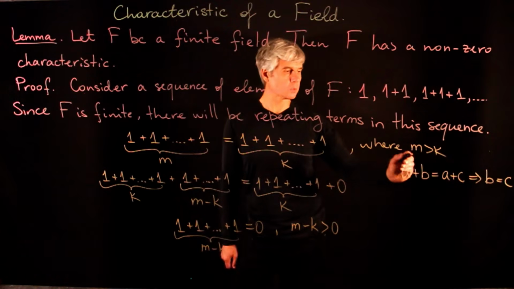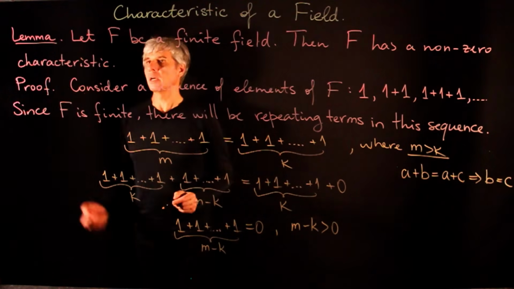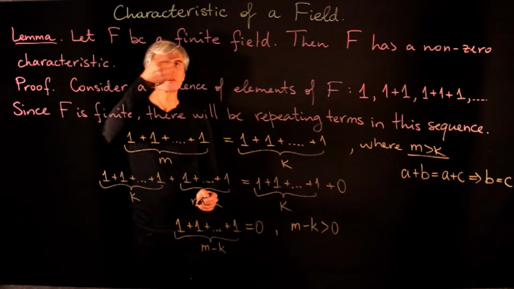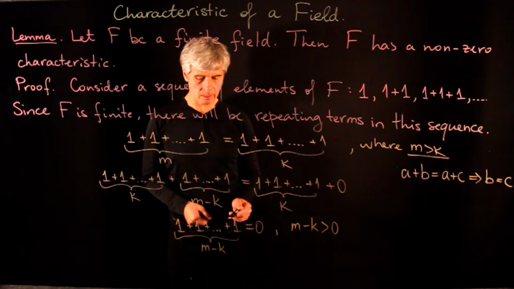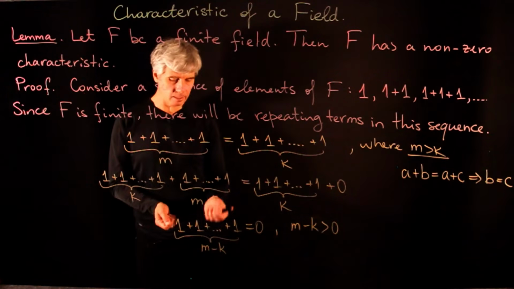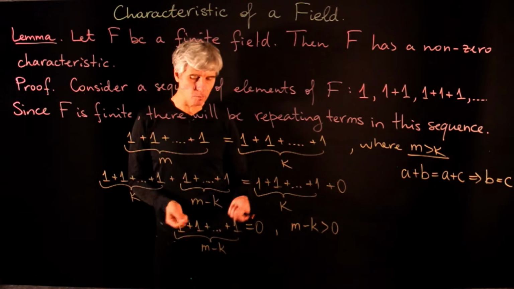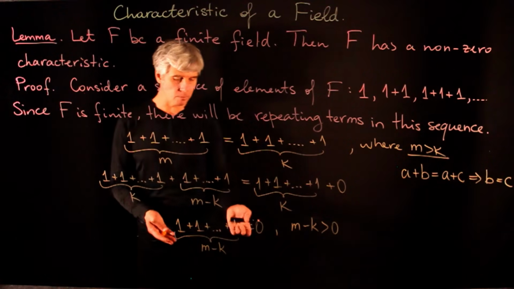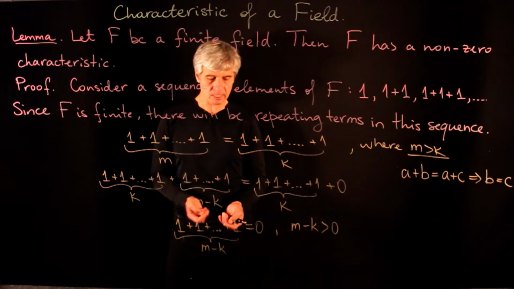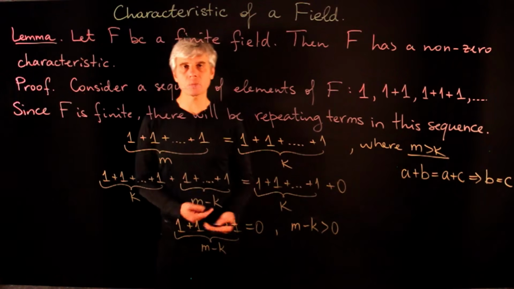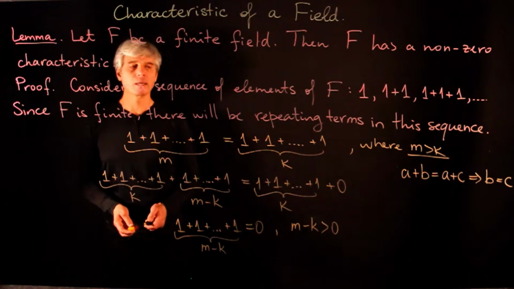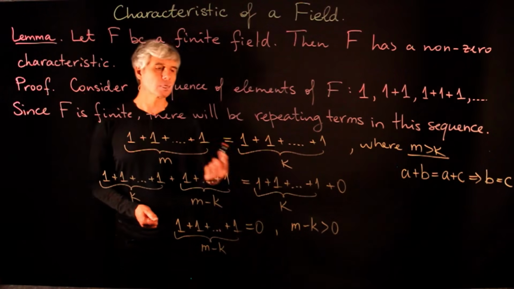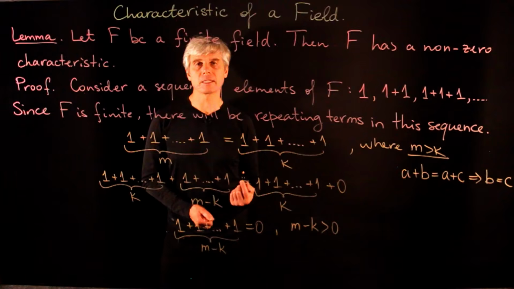So this means that in any finite field, we can find a finite number of ones that we add together and we get 0. So we can even find the smallest such sum that makes 0, and this will be the characteristic of a field. And so we proved that for a finite field, the characteristic must be a finite number.